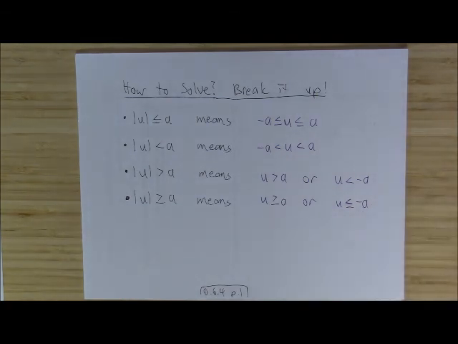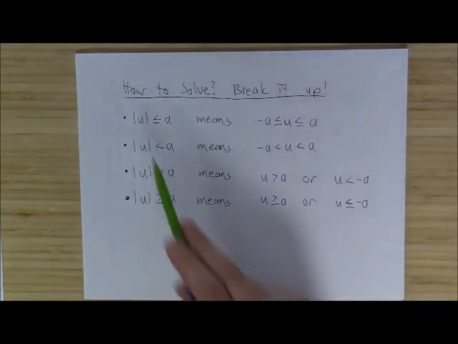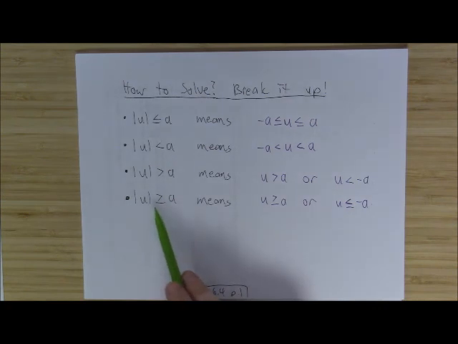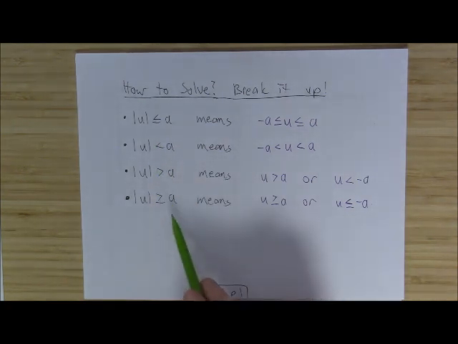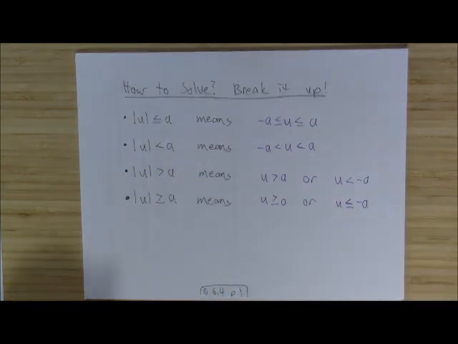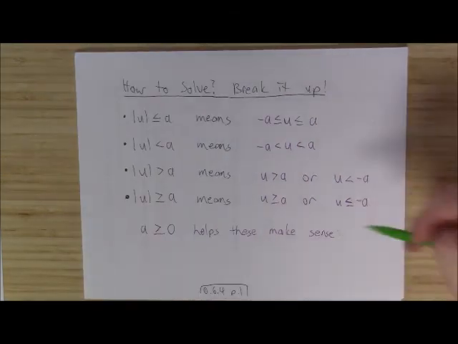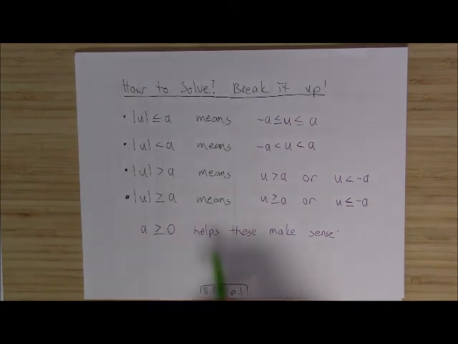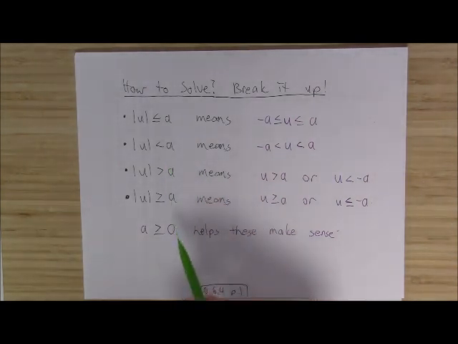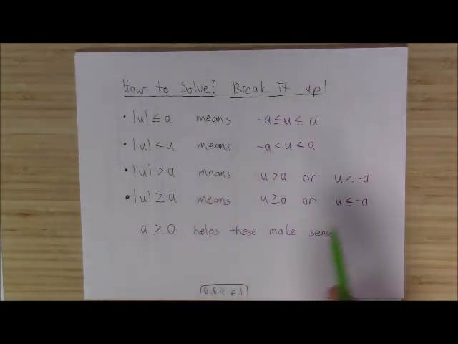Now, these may seem unintuitive, but if you remember that absolute value is the distance from 0, this actually makes a lot of sense. So here, again, please note that only if a is greater than or equal to 0 do these really make any sense, okay? But as I was saying, we can think about this in terms of distance.